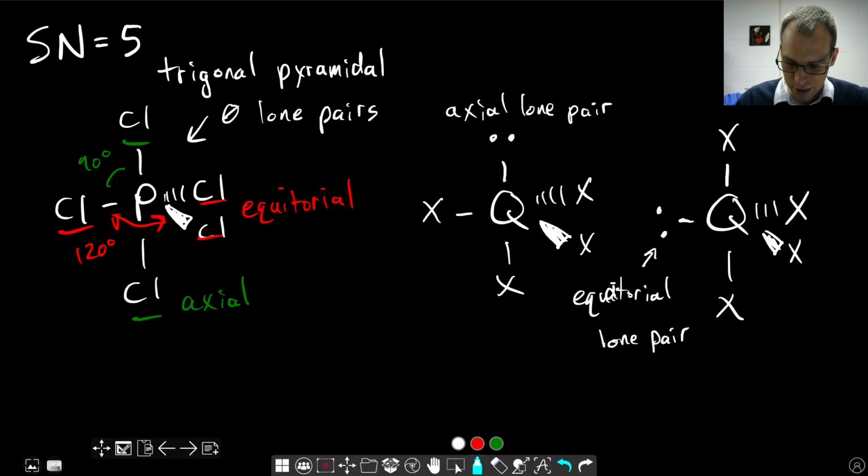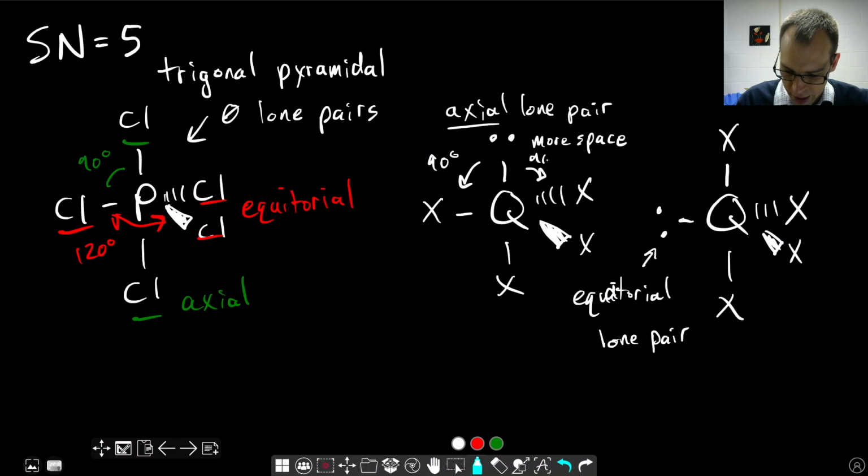If we have an axial lone pair, so considering this one first, we need to think about, is this minimizing the repulsion? So lone pairs want to take up more space. This is what we've already talked about, that they're going to push on the other atoms more. And so we want to give lone pairs as much space as possible. In this structure, we have 3 atoms at 90 degrees.